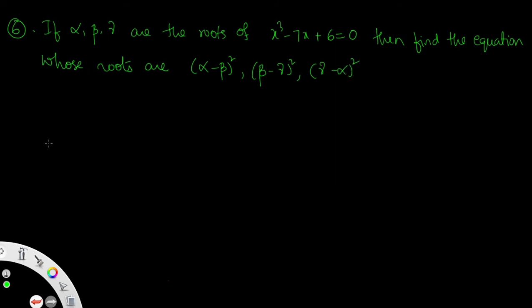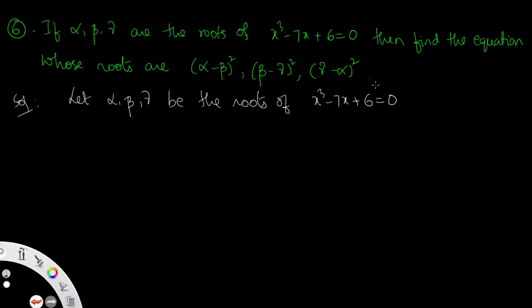It is a similar pattern question, but here the roots are given as alpha minus beta whole square. In the previous problem it was alpha square plus beta square, and the method is the same. So the solution: let alpha, beta, gamma be the roots of x cube minus 7x plus 6 equal to 0.